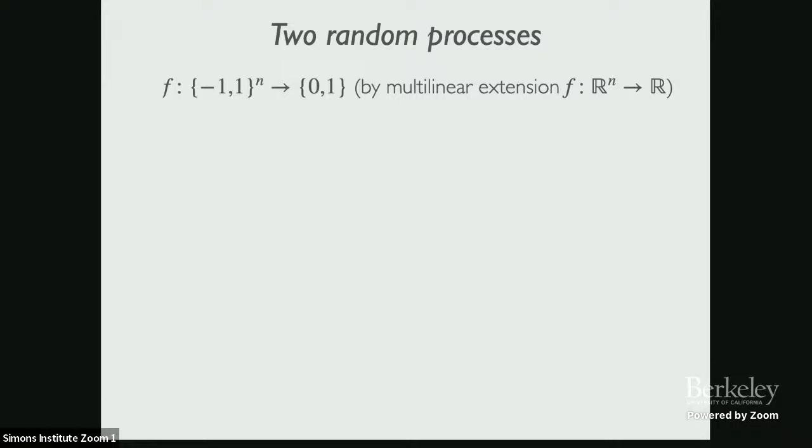The setup is that we are going to think our input is encoded by -1 and 1. This is because we want to go beyond the Boolean cube, or maybe go inside the Boolean cube. So we will think that this function evaluates not just for Boolean valued inputs, but also for any real valued inputs by considering its multilinear extension.